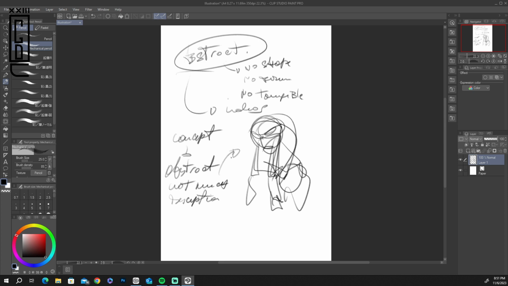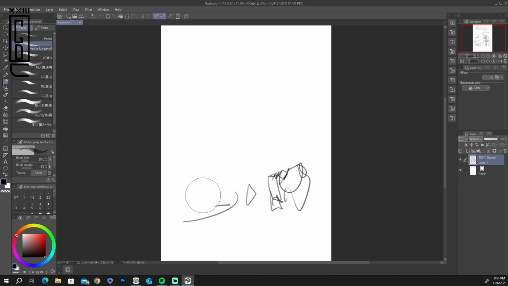You have to make a shape out of those instructions or the description or the abstract stuff. So yeah, that's pretty much concept art.